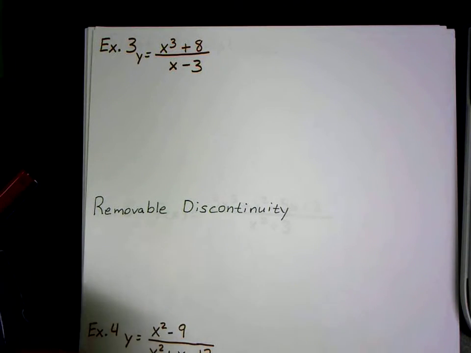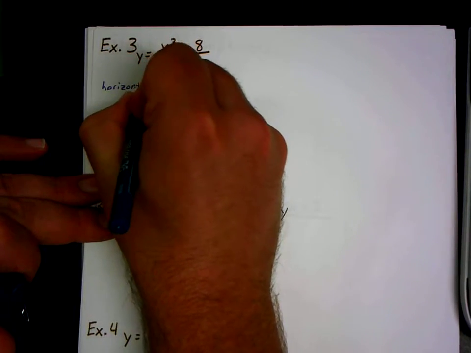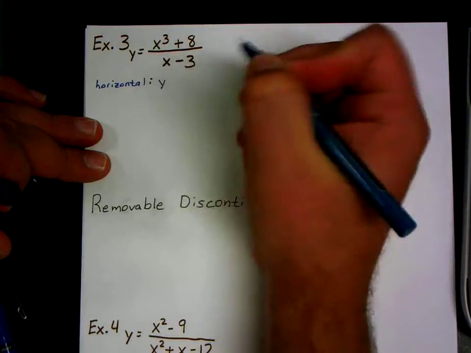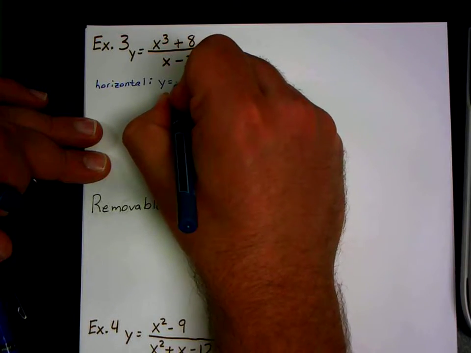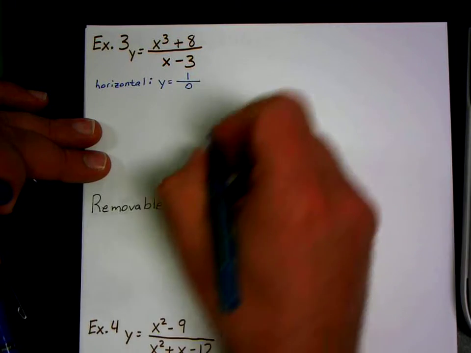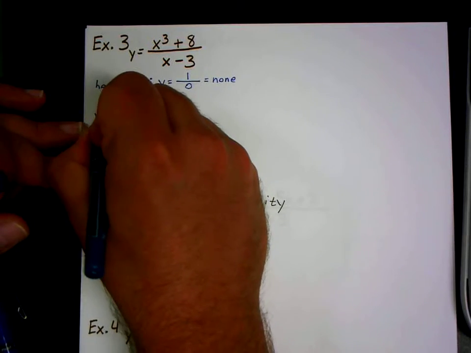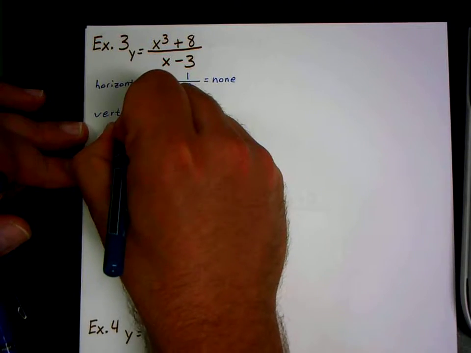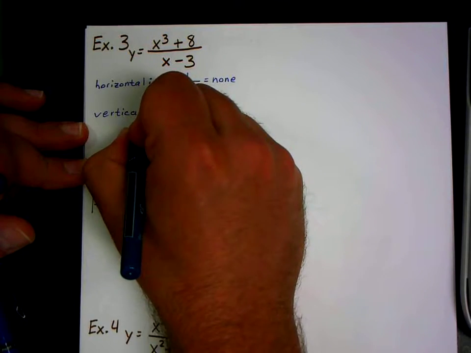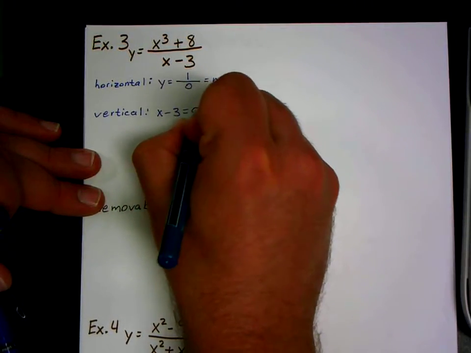Okay, this one. Horizontal. Okay, my largest power is 3. So there's a 1 in front of it on top. There's not an x cubed on the bottom. So I don't have one. Vertical. That's going to happen at 3.